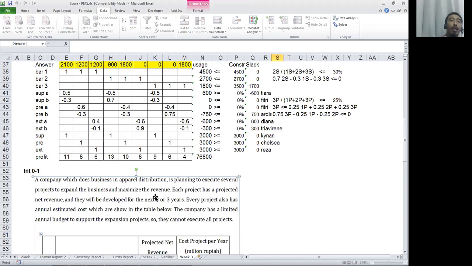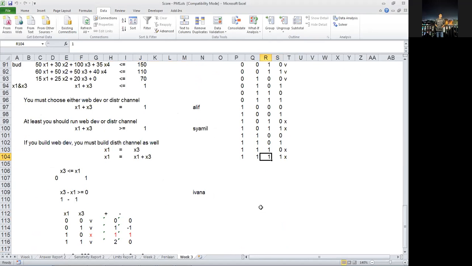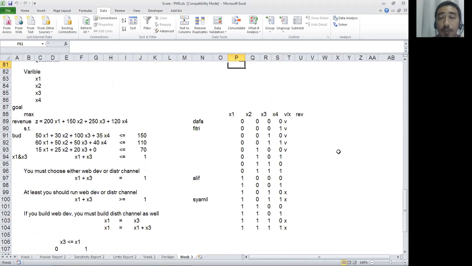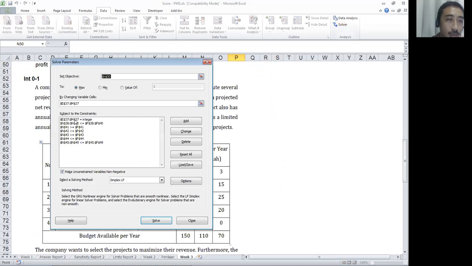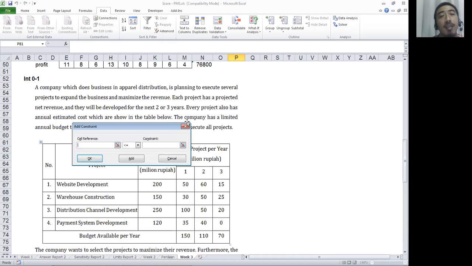Okay. Any question maybe? Sir, can you repeat again about binary, sir? What is the text? The binary in the solver. Yes, sir. In the solver, the additional constraint is like this. When we deal with integer programming, I will delete this one and add another one.